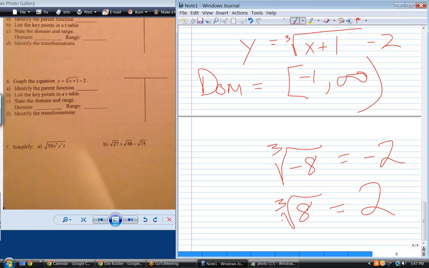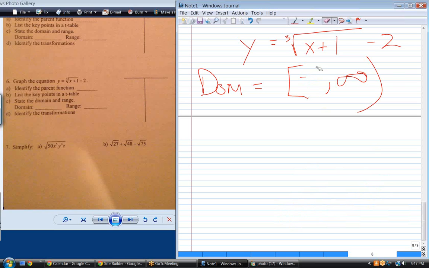What's the domain on this function? I'll give you a hint. The first one wasn't correct, nor is the bracket. You see why? There's nothing wrong with this being negative because we're taking the cube root of it.